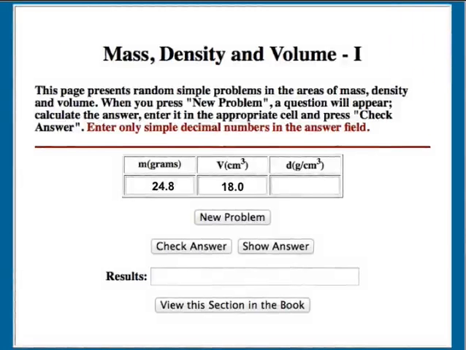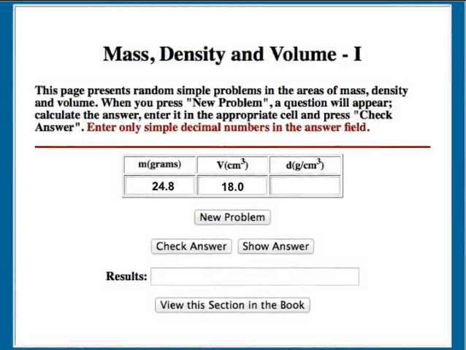Now density 1 is really, really simple. We're given a table and we are asked to fill in the missing spot. On Blackboard, it would be the same thing. You'll get two values and you have to enter something else. Remember, no units, just numbers. So we look at this.